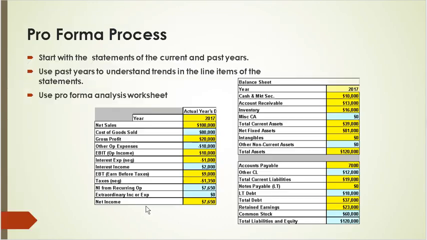So let's think about the financial statements. We need to start off with last year's financial statements. So here's the income statement from last year, and here's the balance sheet from last year. Now, I will tell you that these are simplified.